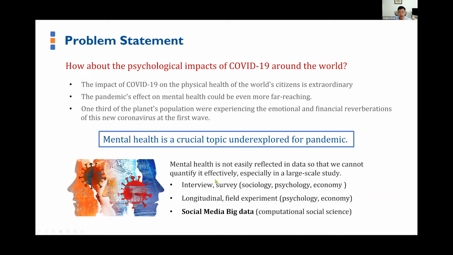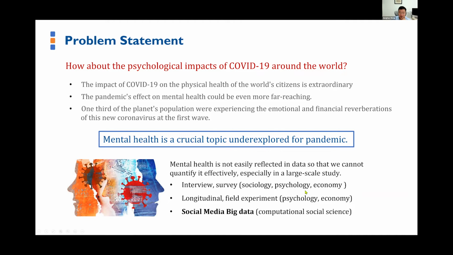The traditional way, as we all know, is that several large studies during the pandemic just used interviews or surveys, especially those conducted by sociologists, psychologists or economists. The traditional way is they conduct large surveys.